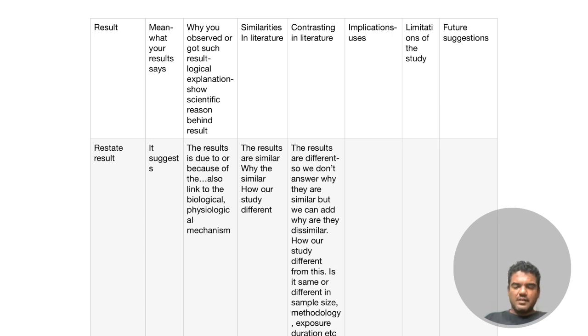Suppose sometimes we might have used a very low concentration, or we might have tested for a very short period of time, or we might have used a very small sample size. Such limitations must be explained in the discussion section, without writing any other explanations, like reasons for not doing something.